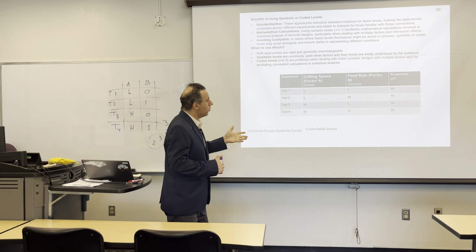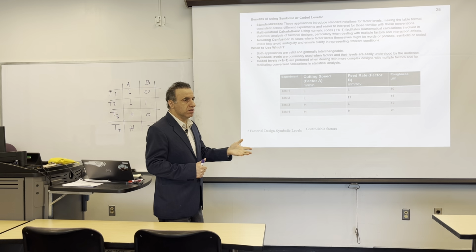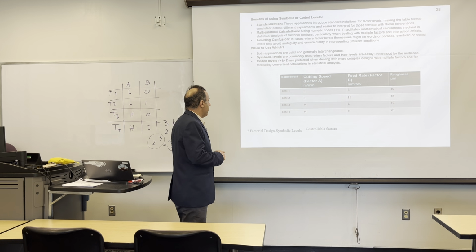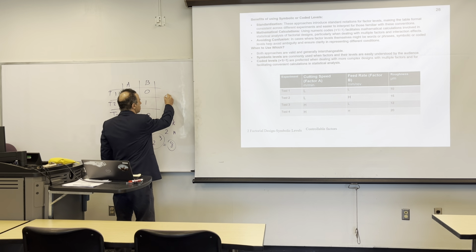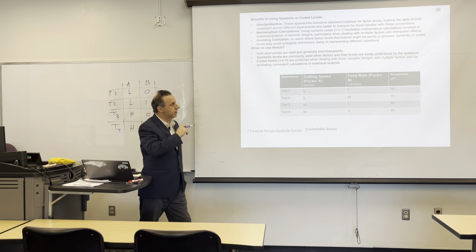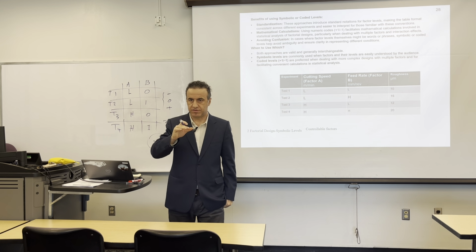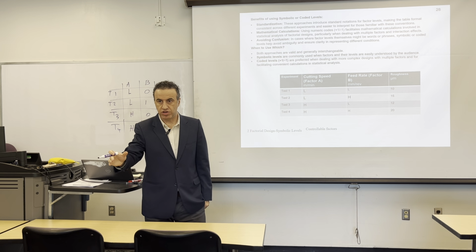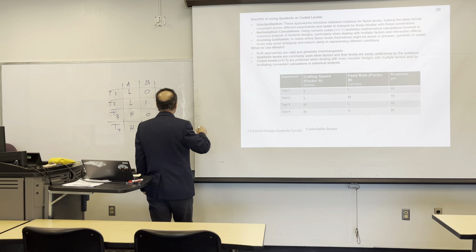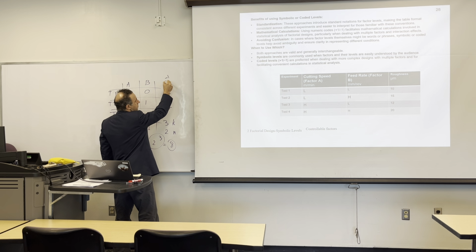Because we have only two levels. Sometimes if we have three levels, we show 0, minus, plus. But for these, we use only minus and plus, or L and H, or another one. Sometimes you may see -1 and +1.